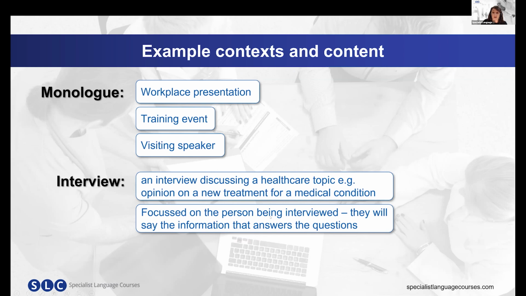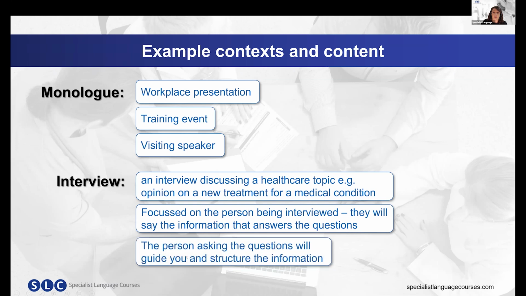So the person answering the questions, they will be the ones who usually say the information that answers your questions on the OET paper. And the person asking the question, so the interviewer, use the questions to guide you through the paper and to help you to keep your place.